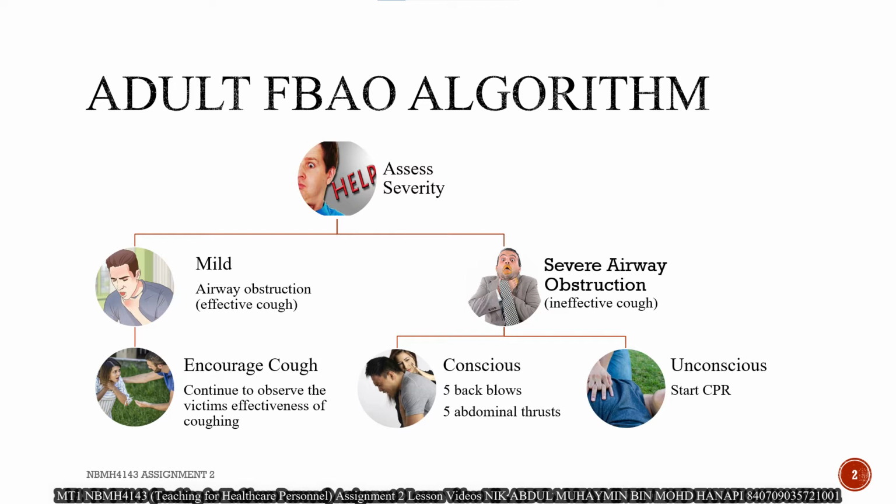If the victim is still conscious, you will proceed to the step of 5 back blows and 5 abdominal thrusts. 5 back blows and 5 abdominal thrusts are considered one complete cycle of the rescuing step for a conscious adult choking victim.